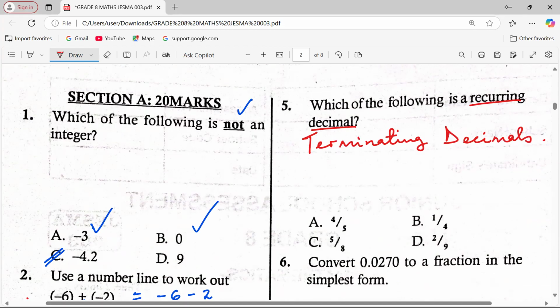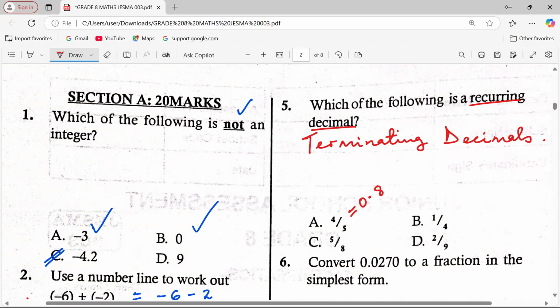So it means all the others are terminating decimals except only one. We can convert all of them and see which one is going to be recurring and which one is going to be terminating. 4 divided by 5 becomes 0.8.